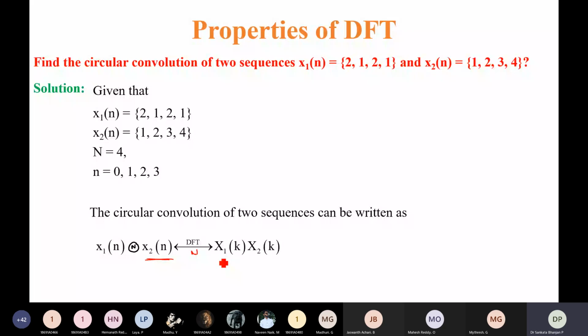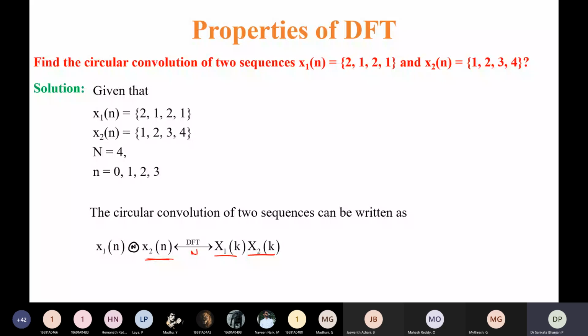This is the property of circular convolution, one property of the DFT.